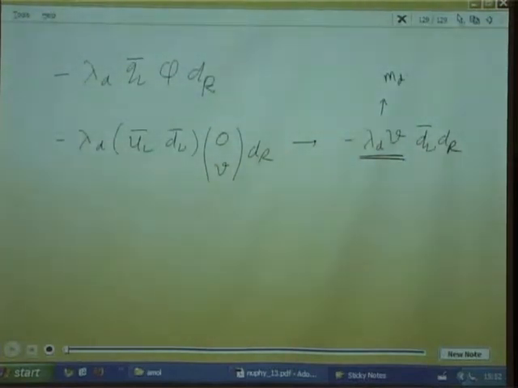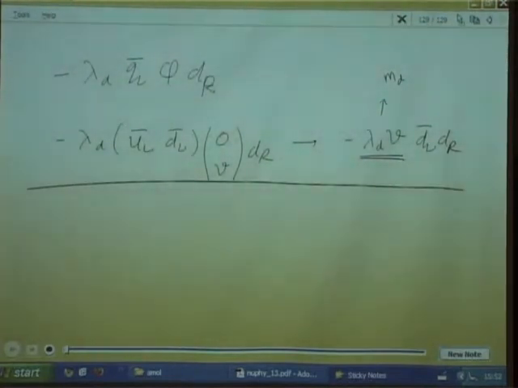Lambda D times V is MD. L particle and R particle are now, we can say, to have equal mass. I'll come to this. Remind me if I don't come to it.